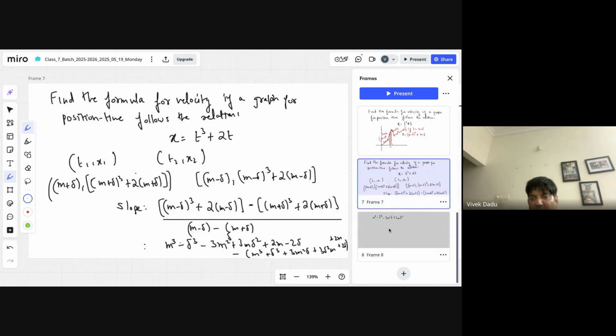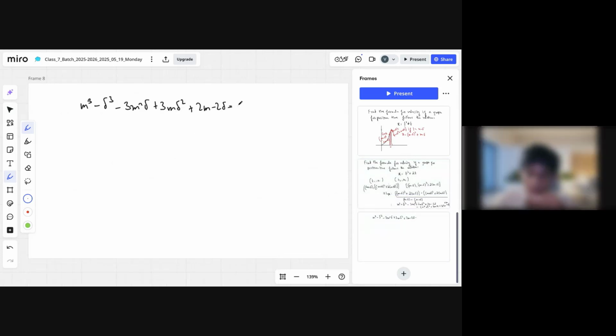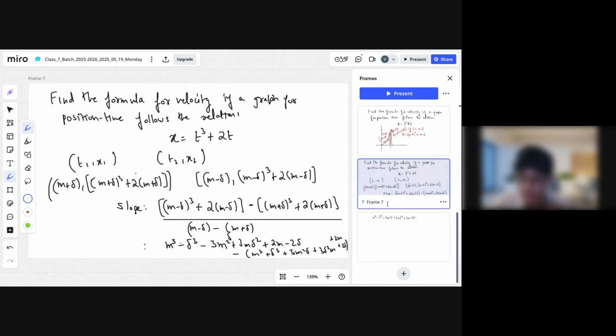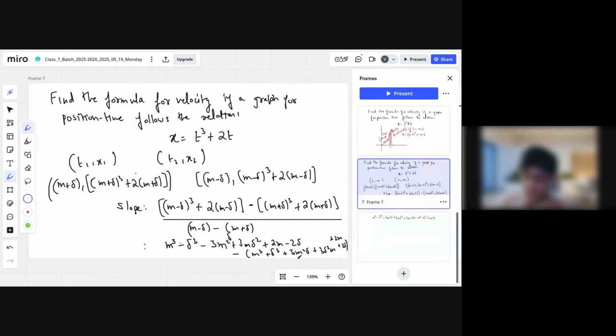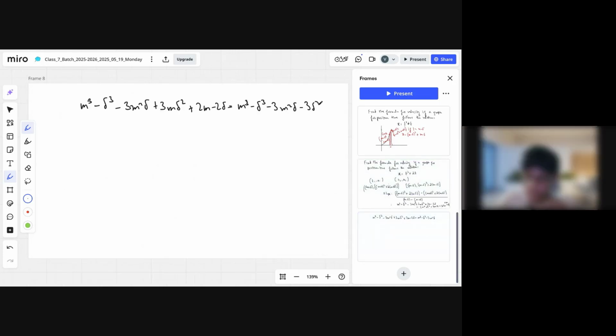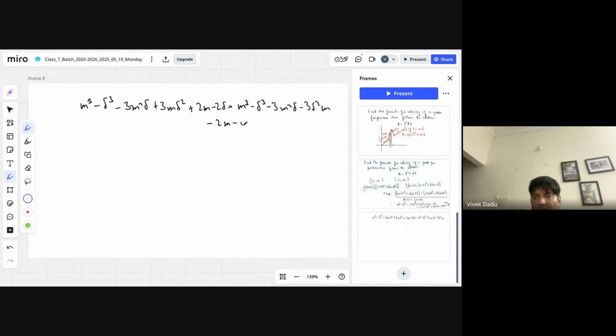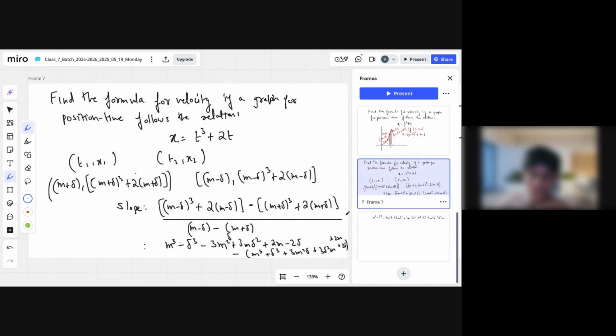Then minus m cube plus delta cube plus 3m squared delta plus 3 delta squared m, minus 2m plus 2 delta, whole divided by minus 2 delta.